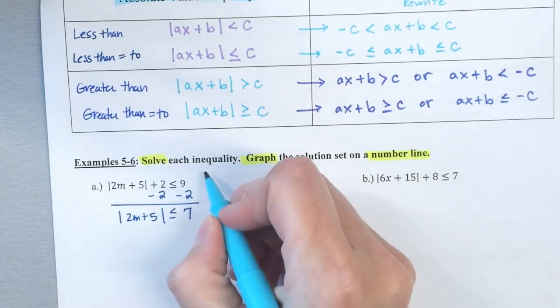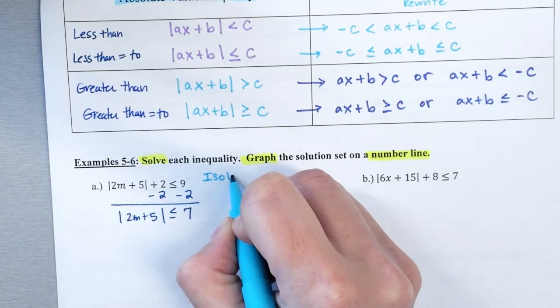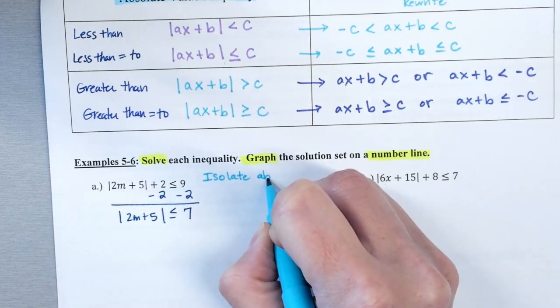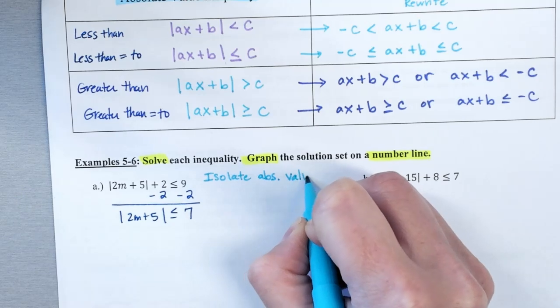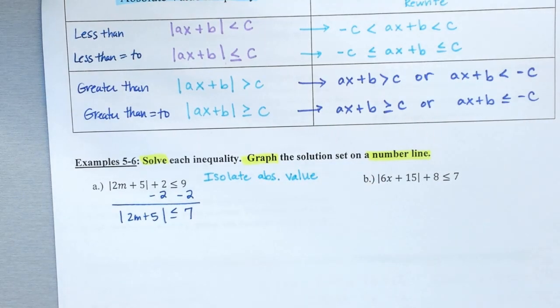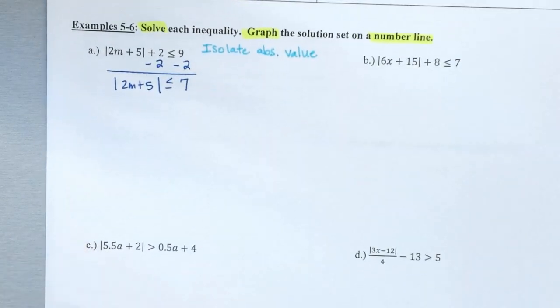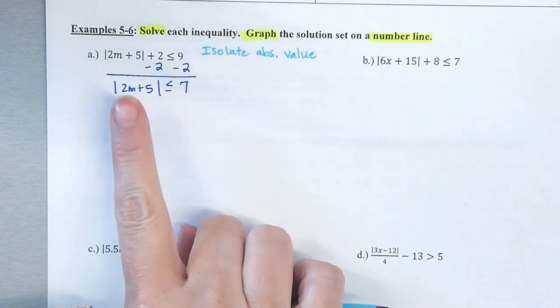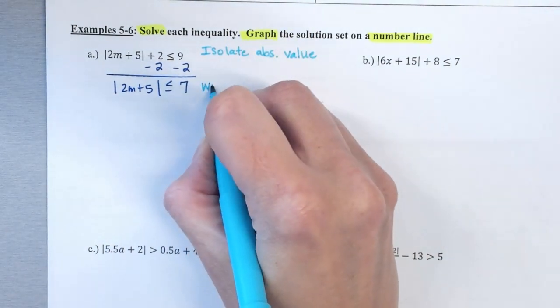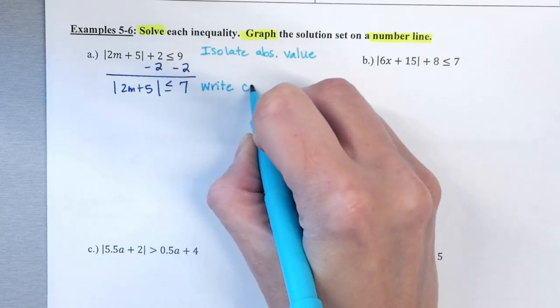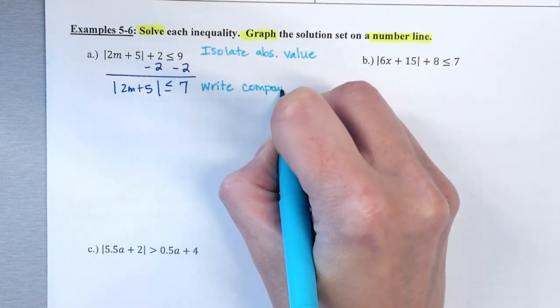So your first step is always to isolate the absolute value. Yesterday when we were solving equations, we had to move things over to get the absolute value by itself. And then once you have the absolute value by itself, you are going to write the compound inequality, is what it's called.